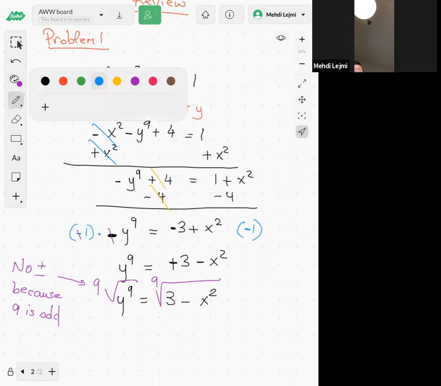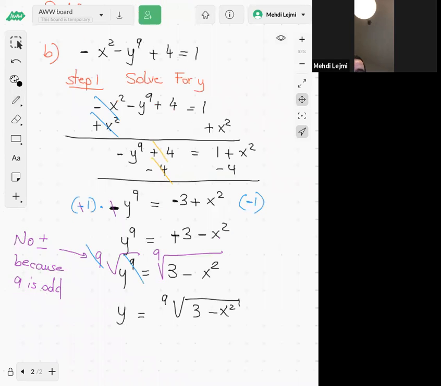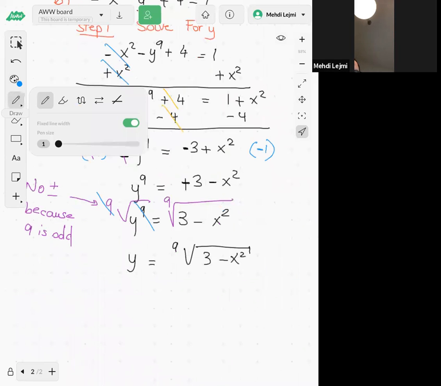So it's just y on the left, and on the right side it's the 9th root of 3 minus x squared. We don't have to simplify the right side anyway. So I got my y.